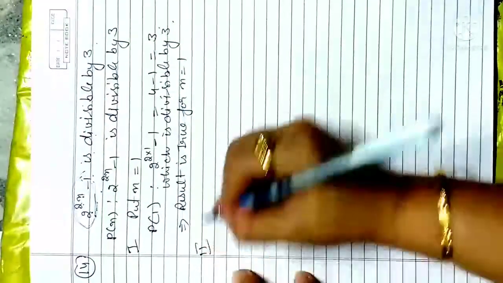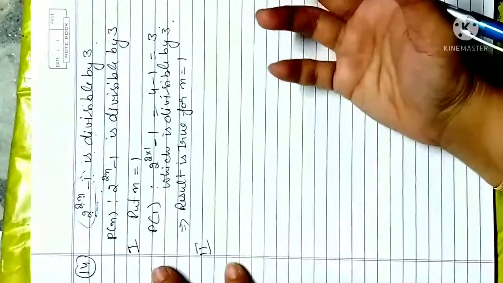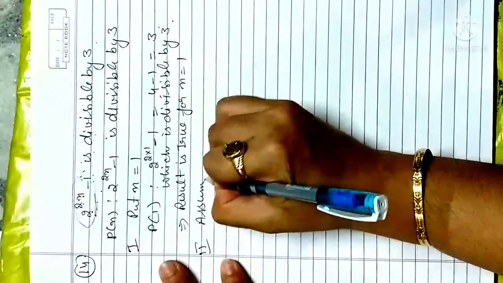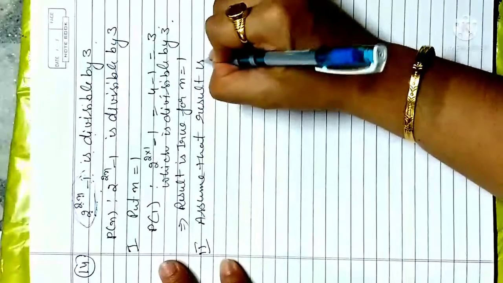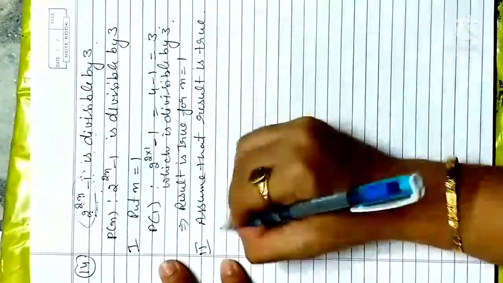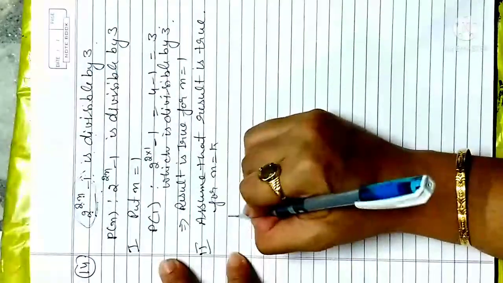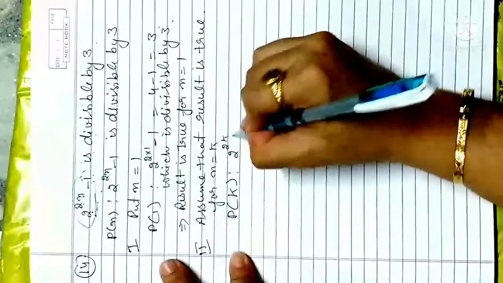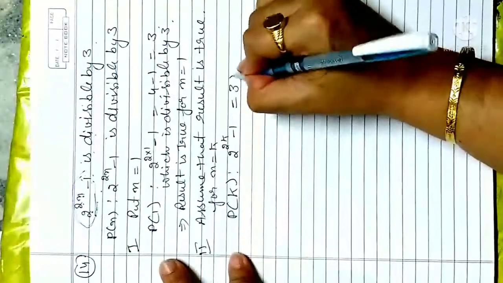So now my second step. If my result is true for n is equal to 1, we can assume, that is my inductive hypothesis, that the result is true for n is equal to k. Now I replace n with k. So that is my propositional statement for k, that is 2 raised to power 2k minus 1, which I consider equal to 3 lambda.